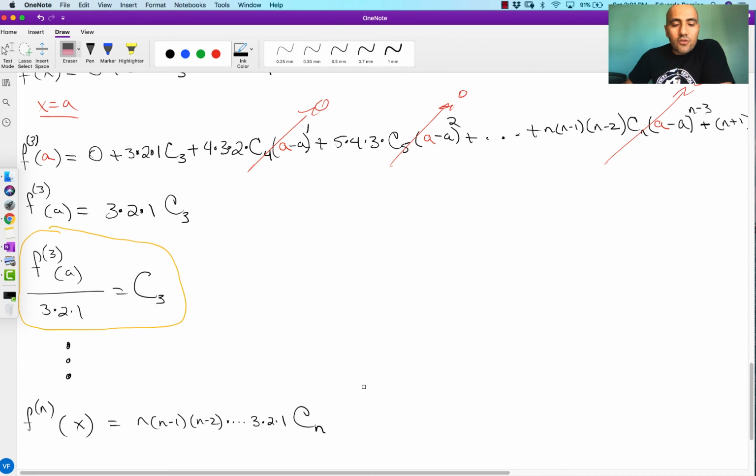And if we pay attention to the one right next to it, it is going to have this pattern of n plus 1.